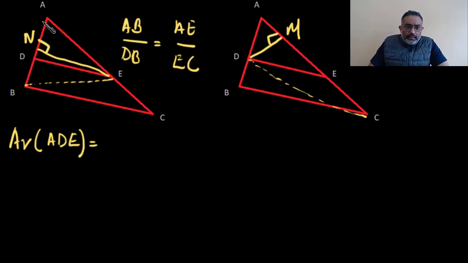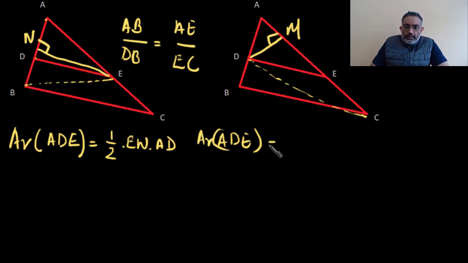Our next step is to calculate the area of ADE, whose base is length AD and height is EN. Alright, so half EN times AD. Now let's calculate the same area ADE from here.